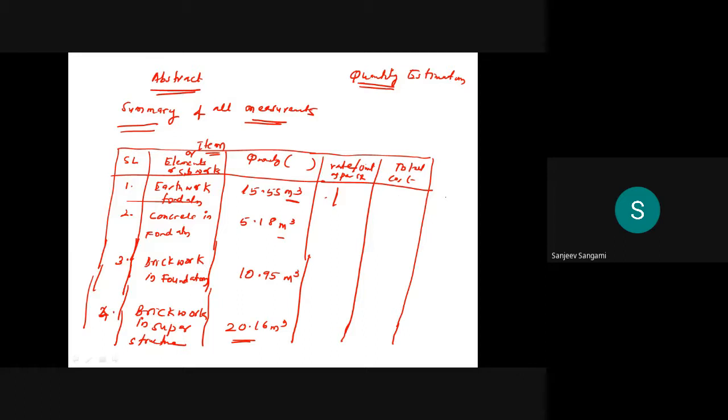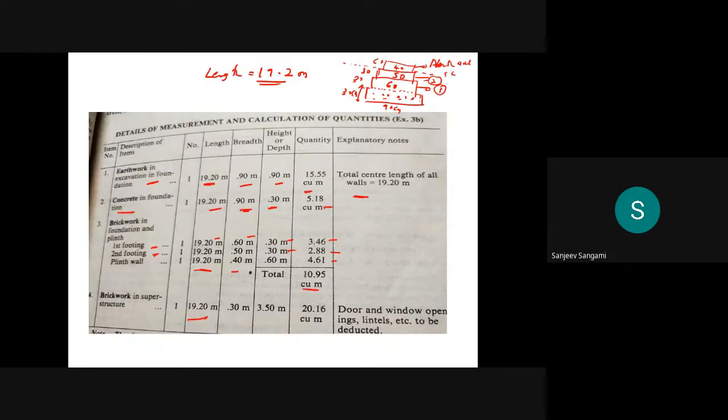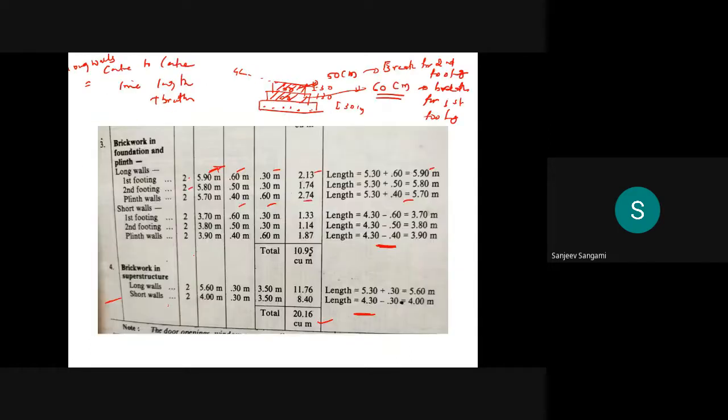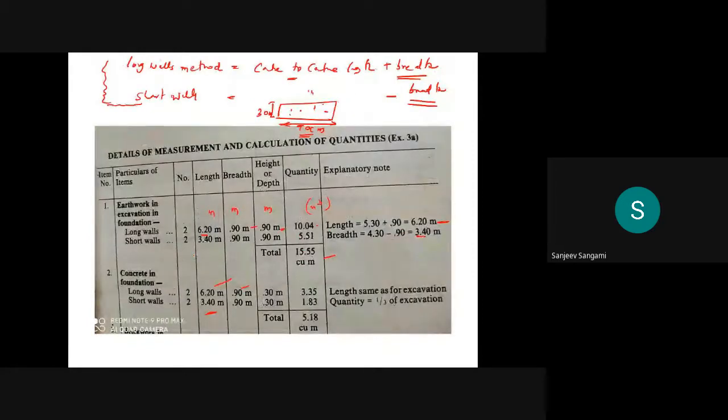I'll show you how exactly we prepared one standard estimate. Whatever the rate is as per the SR, you write it here. If you are using it for cost estimation also, not only quantity, you write the rate per meter cube, then the amount, and then the total cost, the sum of all. So this is overall about the abstract or summary of all measurements. No need to write LBH here. Only the items you write in short form: earthwork in foundation, concrete in foundation, brickwork in foundation, brickwork in superstructure. So then can we compare with the long wall and short wall method? How much we got? For the first, we got 15.55, no changes.